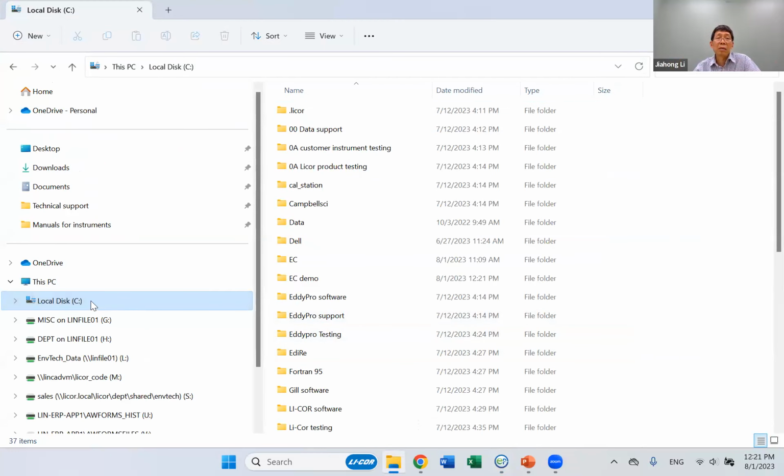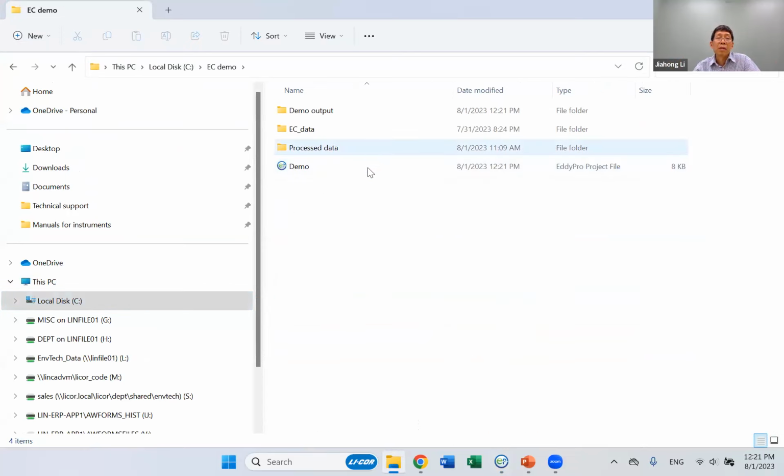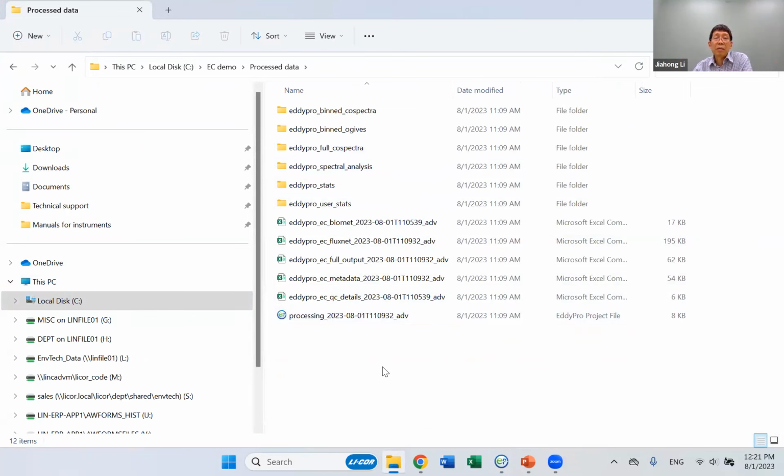Actually, I already have the output from a previous run. The final corrected flux is in the full output file. If we have a biomet data file, the output is in the biomet output file.